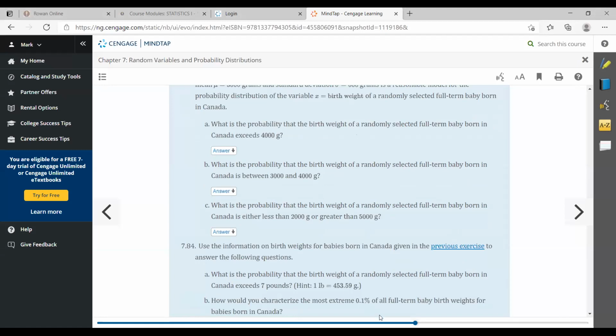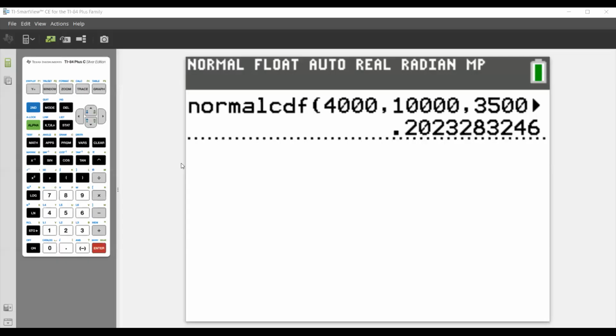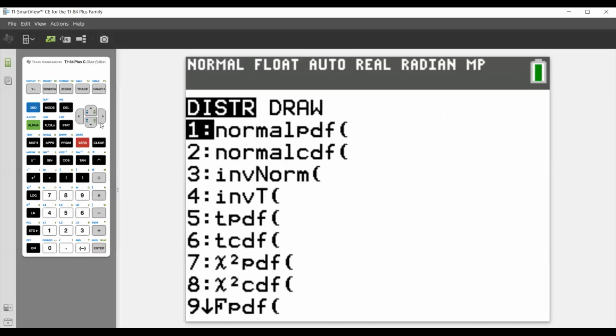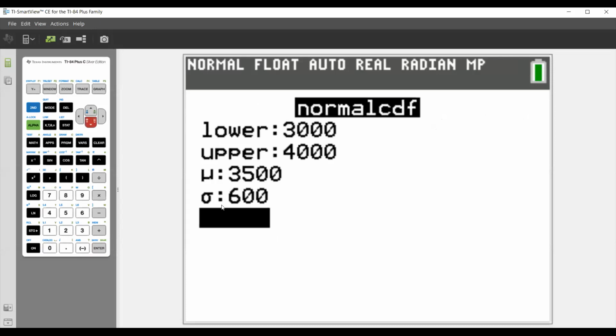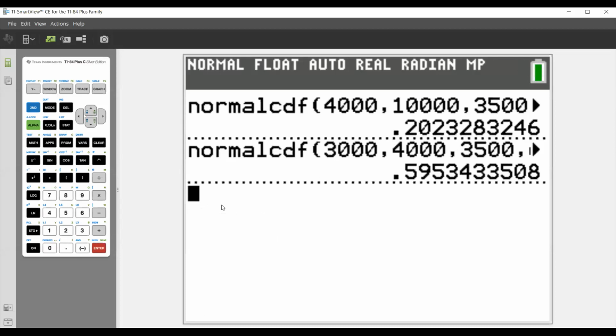Let's put that into our calculator. Between 3,000 and 4,000. Of course, we leave the mean and standard deviation the same. So that's the probability.